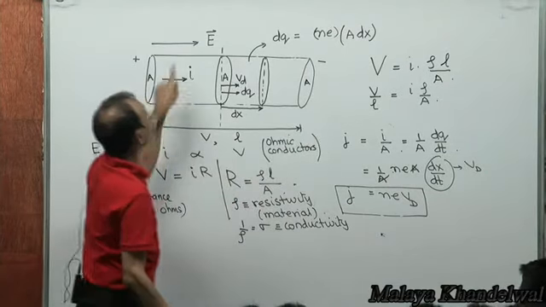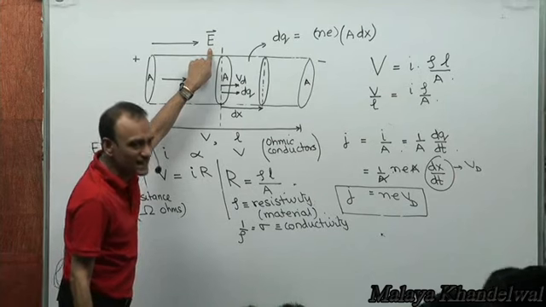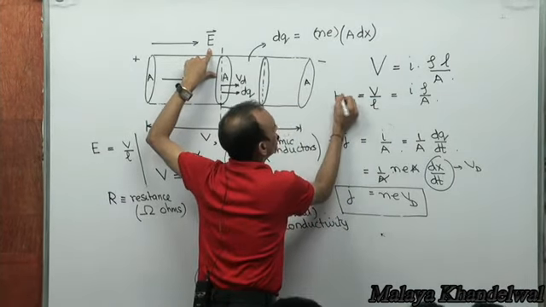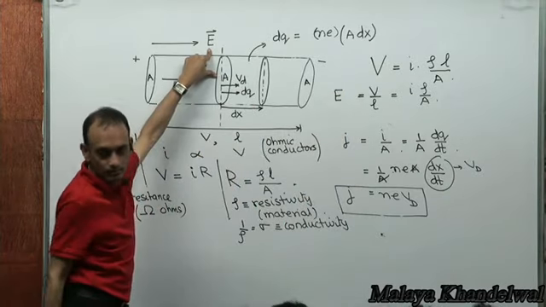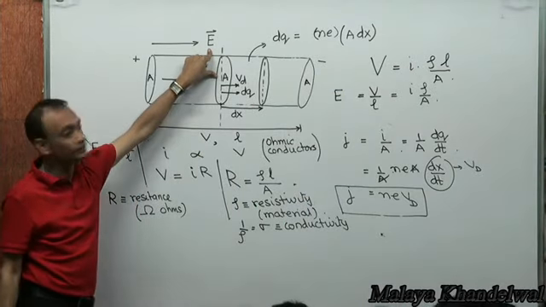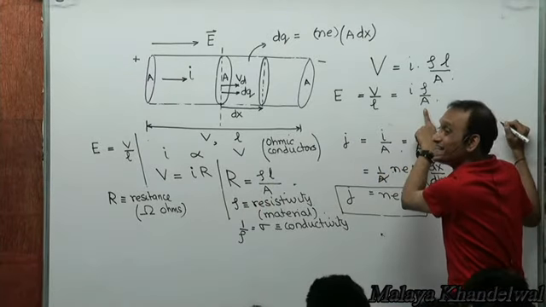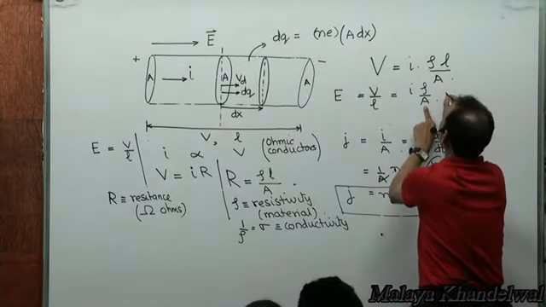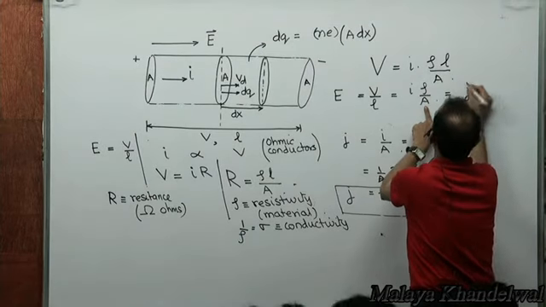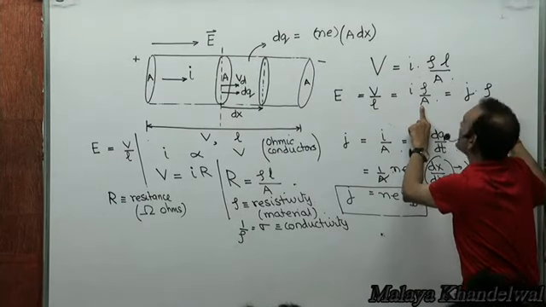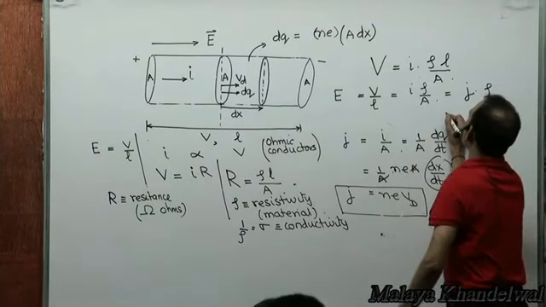V by L is the electric field. Yes or no? This V by L is the electric field E that's applied, right? And I by A is the current density J, into rho. This I by A I replace by J, the current density, into rho, right?